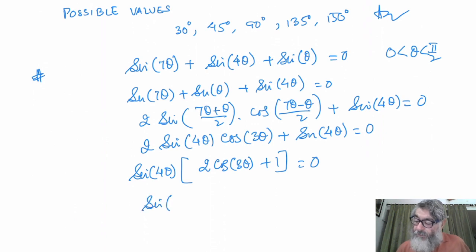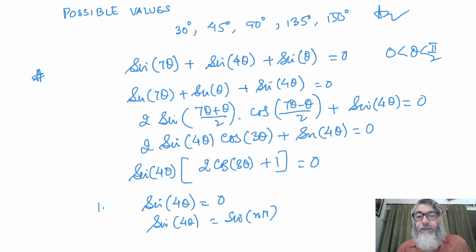Now let us find out. First, sine 4 theta is equal to 0. Sine 4 theta is equal to 0 means 4 theta is equal to n pi, the solution when sine is equal to 0. So theta is equal to n pi upon 4.